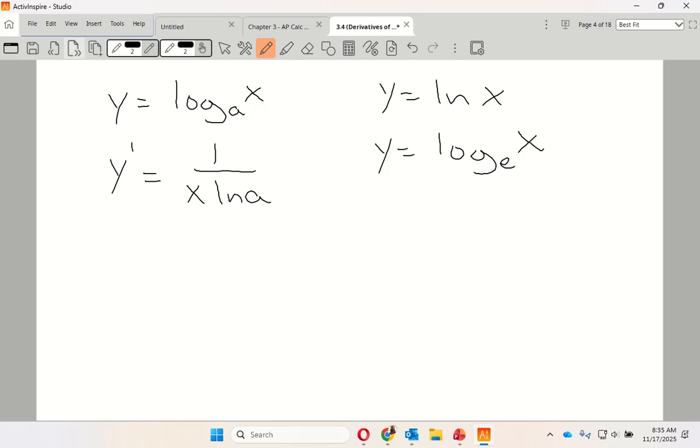Are you guys okay with this? Yes, no, maybe? Never seen it before in your life. That's where these things come from. So it's just log base e. Now, I'm going to use the same thing right here. So y prime is equal to 1 over x ln of e.